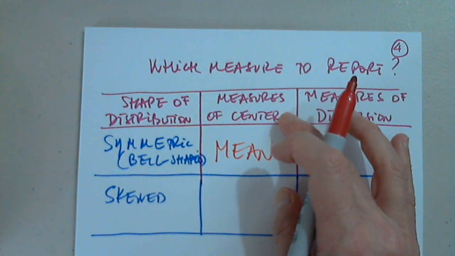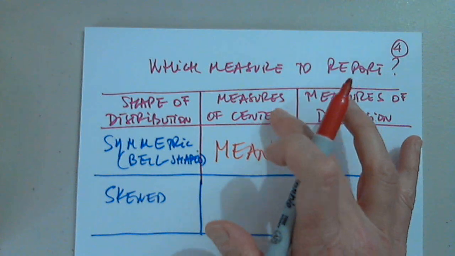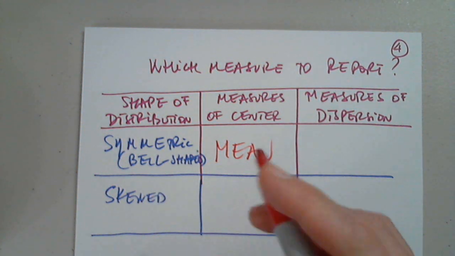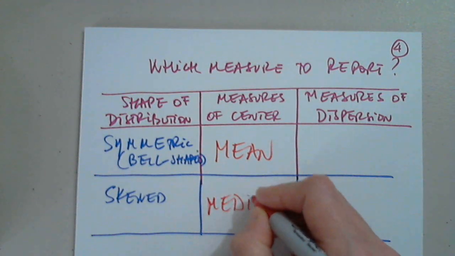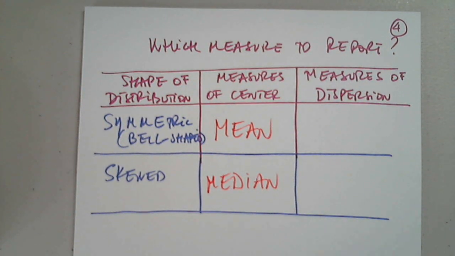What will be the best measure of center for the skewed distribution? Wouldn't it be the median? Thank you very much. Who was that? It was Emily. Excellent. Which Emily? K or V? I have two Emilys. That was K. Thank you.